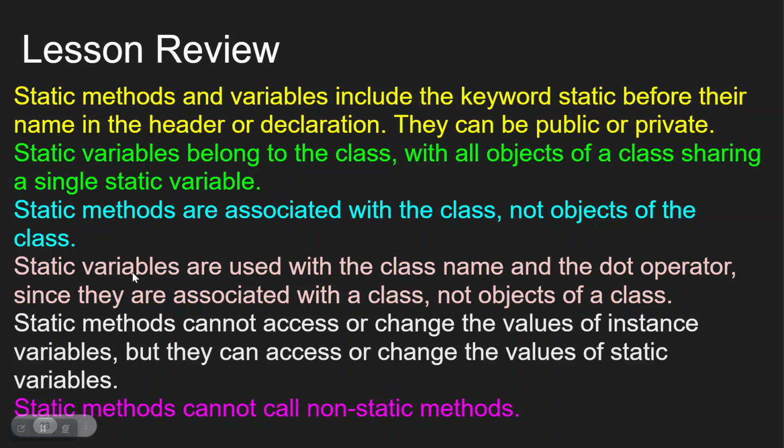Static variables are used with the class name and the dot operator, since they are associated with a class, not objects of a class. Static methods cannot access or change the values of instance variables, but they can access or change the values of static variables. And of course, static methods cannot call non-static methods.